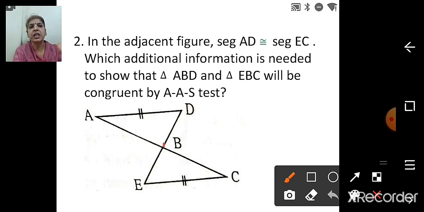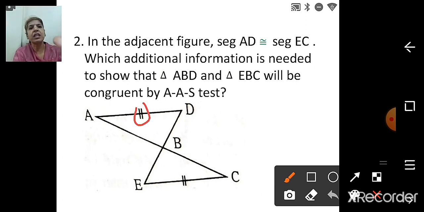So we know vertex B is corresponding to vertex B. Observe properly, D is corresponding with E and A is corresponding with C. So accordingly if you name, it will be easy. Now for angle angle side test, two angles should be given, right children, and side.